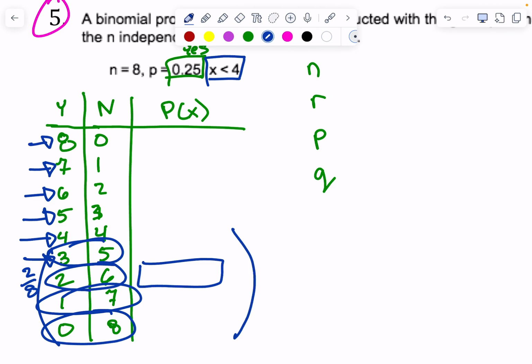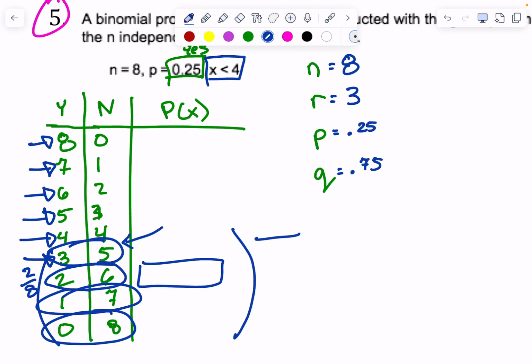This is where it gets kind of messy. N, R, P, Q. N is how many? 8. R is 3. P is 0.25. Q is 0.75.